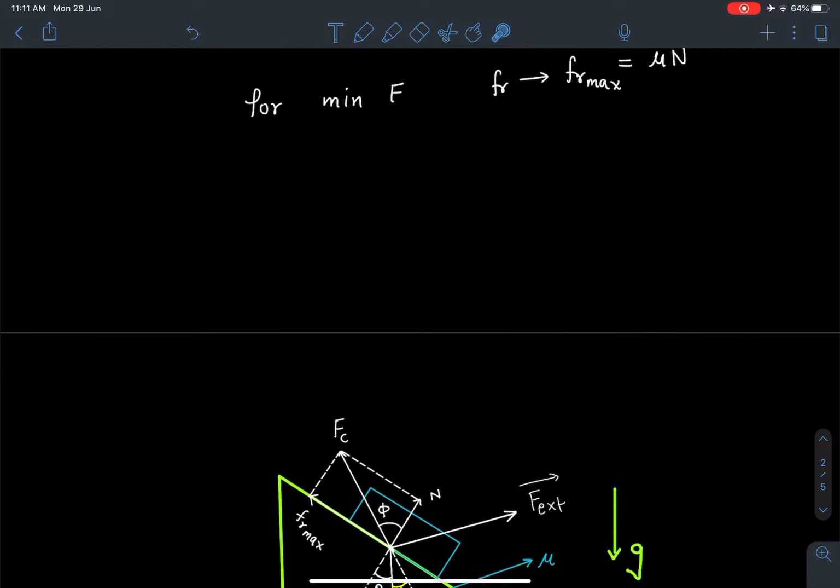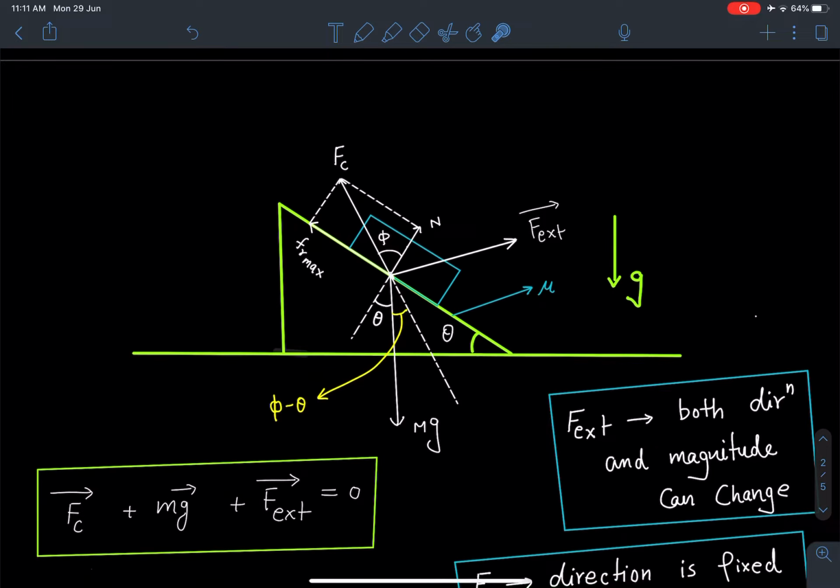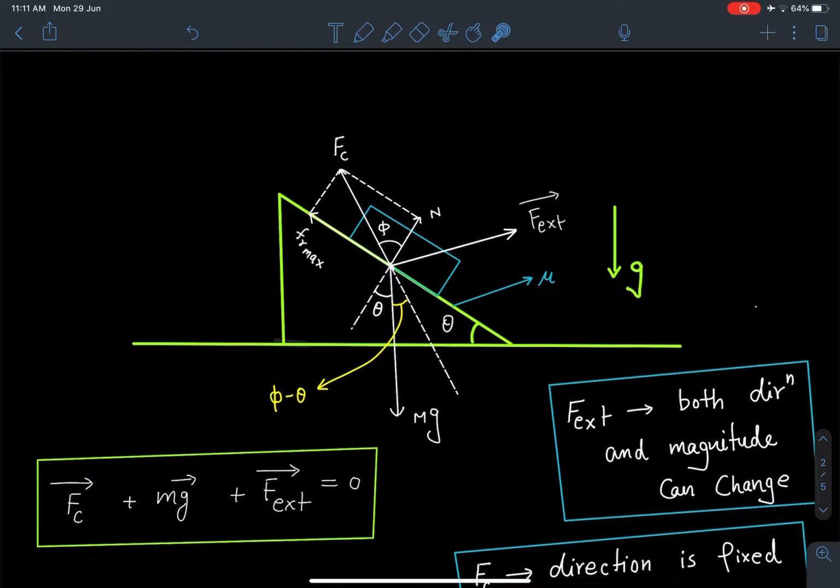Let's draw the free body diagram of this particular problem. As you can see, the forces which are known to you, one force is mg. This will have a fixed direction and it is having a constant value. I should have drawn this force from the center of mass, but for the convenience of geometry and measurement of angles, I'm taking it from this point, but actually its point of application will be the center of mass of this block.